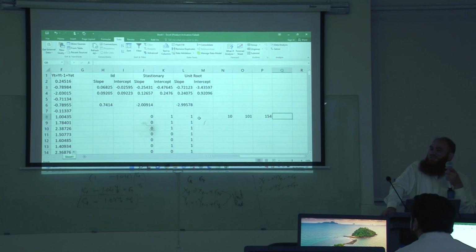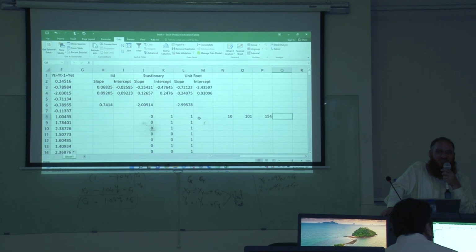So, what we are learning in unit root and co-integration analysis is how to avoid spurious regression if you have non-stationary data. But we are seeing that spurious regression is also possible even when you have stationary time series. What is the solution for this? This is not there in the literature.